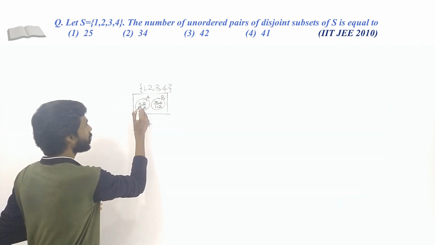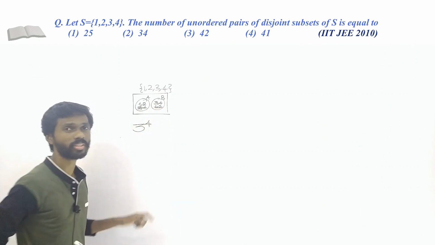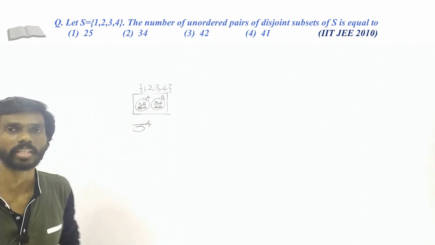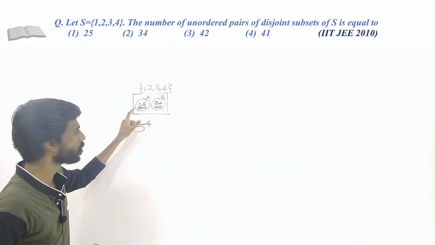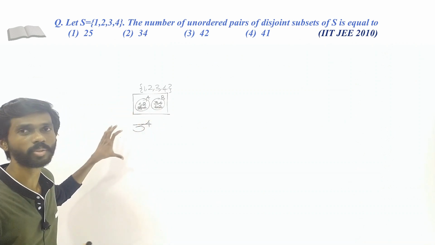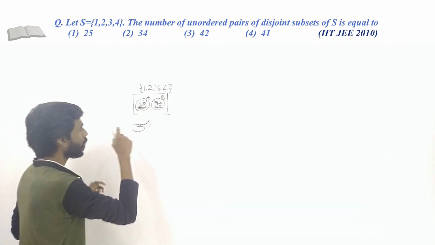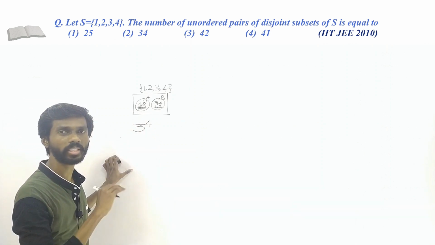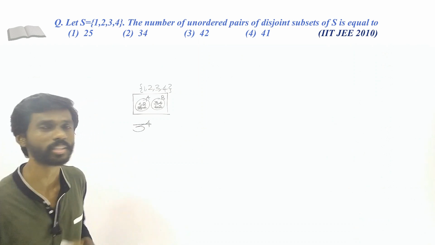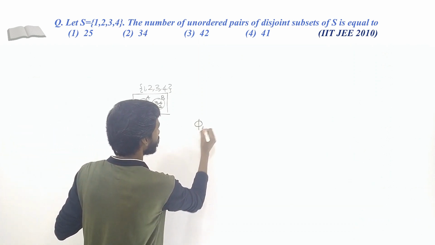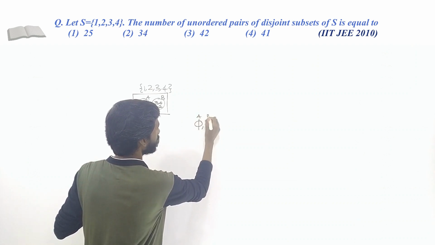So that means this is a repetition. This is not our answer because it has a lot of repetitions. Half of them will be repetitions, right? Because anything you interchange will be another possible combination, which should not be counted here. So for the total 3 to the power 4, we make it into half. But there is one combination which will not repeat, which appears only once. That is the combination of the null set and the null set.